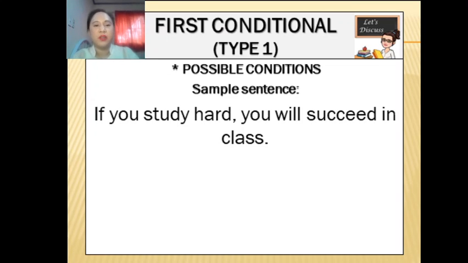Now, let's go to the second type, which is the first conditional or type 1. First conditional or type 1 conditionals are called possible conditionals because they express a possible condition and its result in the future. It is predicting a most likely situation that would occur depending on whether a certain condition is met.